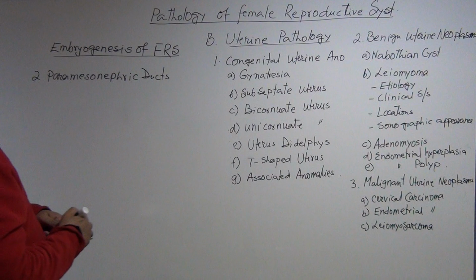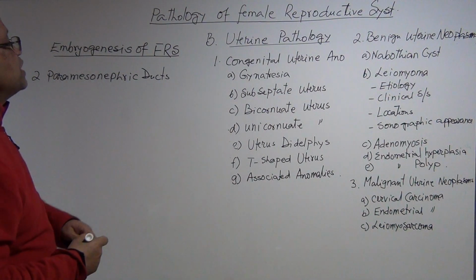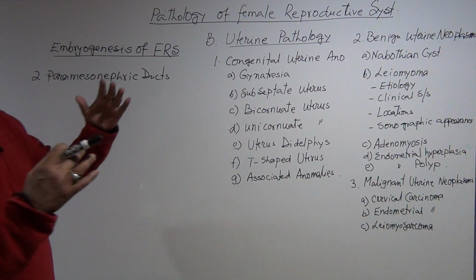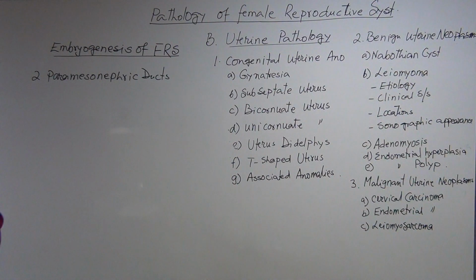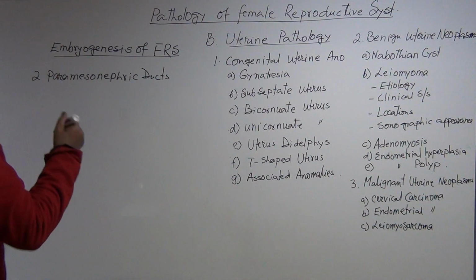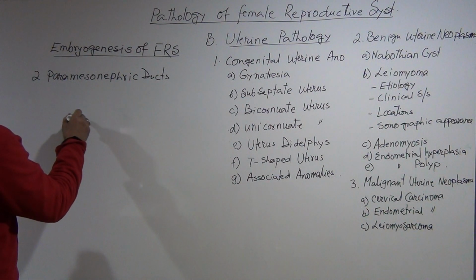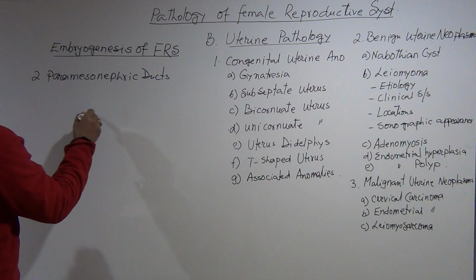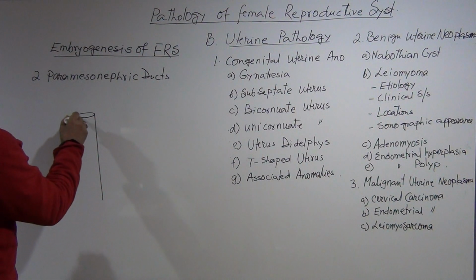Okay, so now two paramesonephric ducts. Para means by the side. By the side of the mesonephric ducts, two tubules appear.